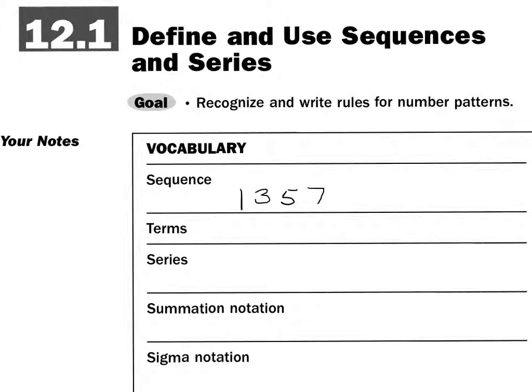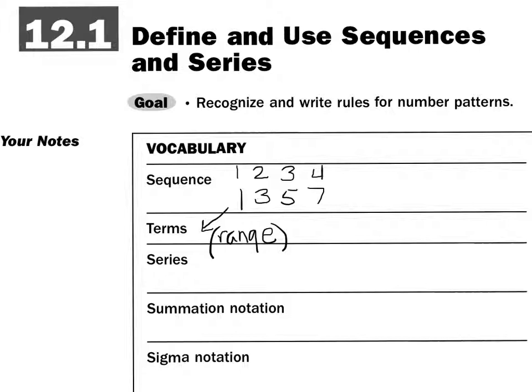Now, these are actually the terms of the sequence, which is the range. The domain would be the first number is 1, the second number is 3, the third number is 5, and the fourth number is 7. And so this would be a sequence.